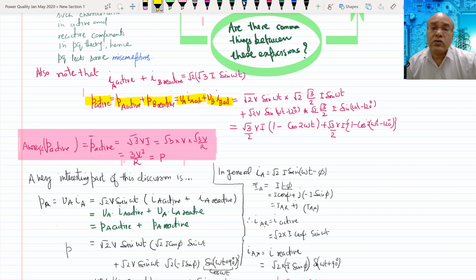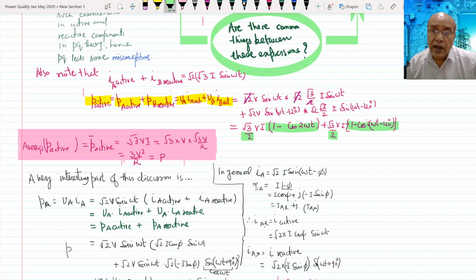Then we get two components. Sin square omega t becomes 1 minus cos 2 omega t by 2. Root 2 and root 2 will go with this term, and sin square omega t becomes 1 minus cos by 2. This 2 and this 2 come from the sin square omega t term. Similarly, this comes from the sin square omega t minus 120 degree.